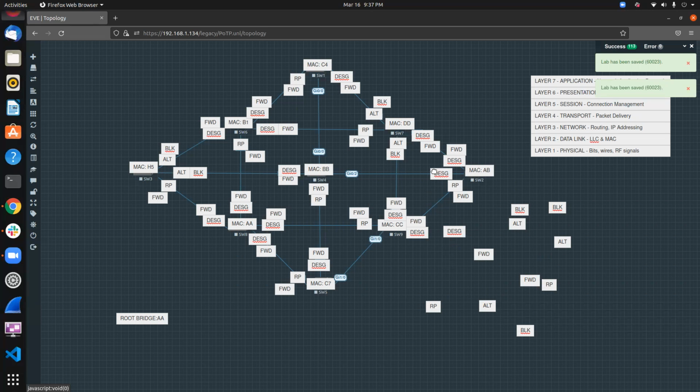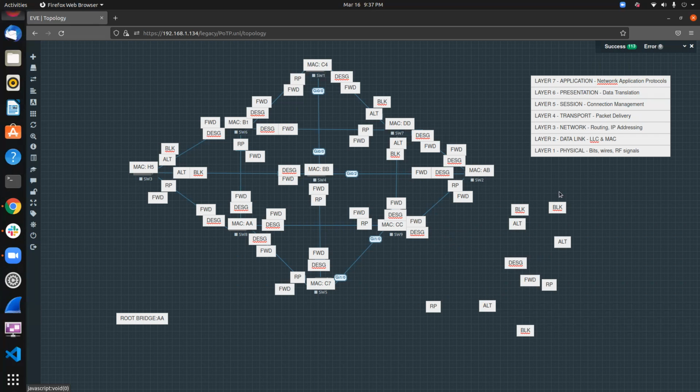I then went to the rule of costs being all equal between them. Then from there I went to the lowest bridge ID. So that made AB the lowest. I chose that to be the forwarding state, being a forwarding state between AB and BB.